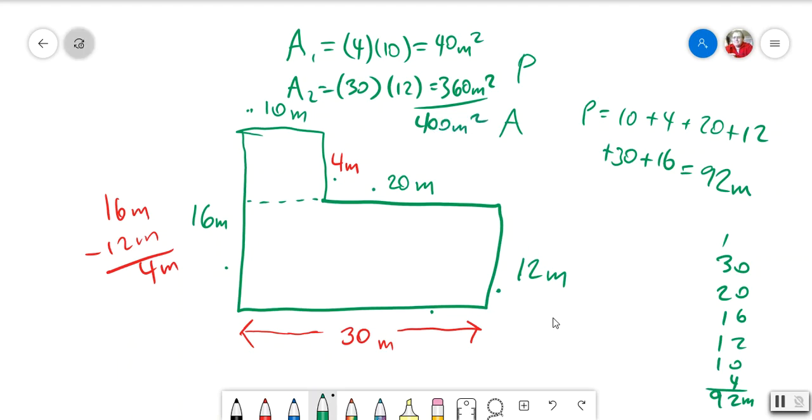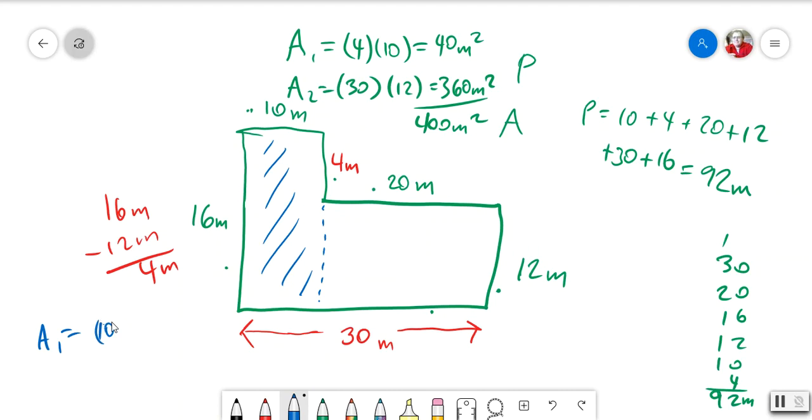What if you would have done it the other way? So let's demonstrate that. I'll do it in a different color so you can see. So suppose I had done it like that. Then I have area 1, 10 meters by 16. This one here. 10 times 16 is 160, and it's going to be in square meters.